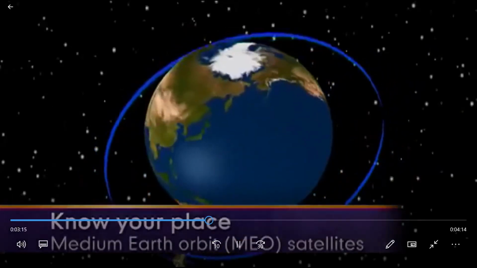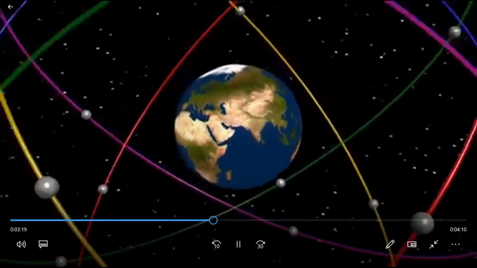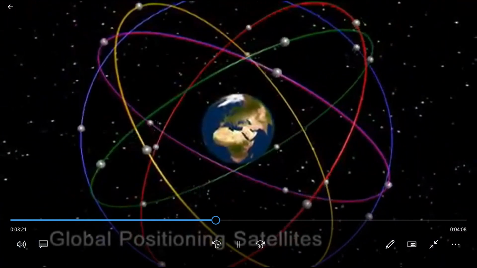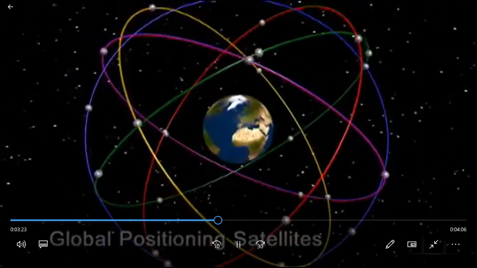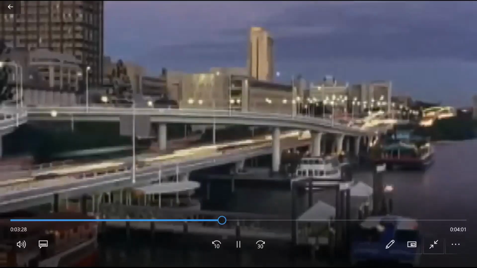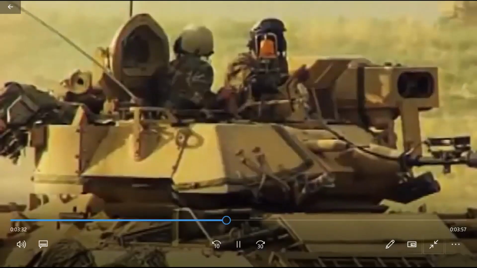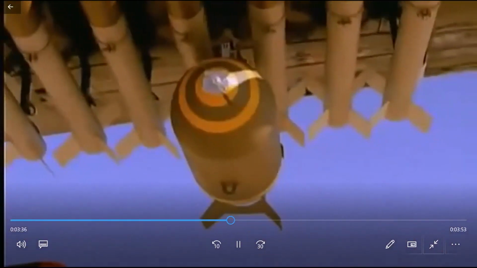In medium Earth orbit, 20,000 kilometers above ground, the satellite requires 12 hours to circle the Earth. At this altitude, a constellation of 25 GPS satellites provide navigational aid to millions of people around the world. Military forces can find their way in the field and accurately direct GPS-guided missiles to their targets.